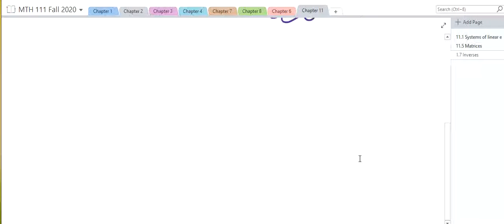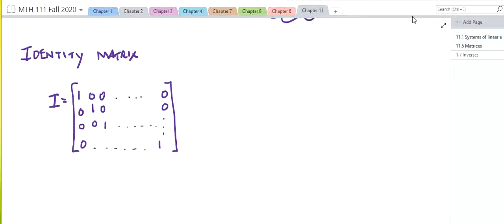All right, well, the first step is let's discuss what we call the identity matrix. The identity matrix is a square matrix that has 1s along the diagonal and 0s everywhere else.